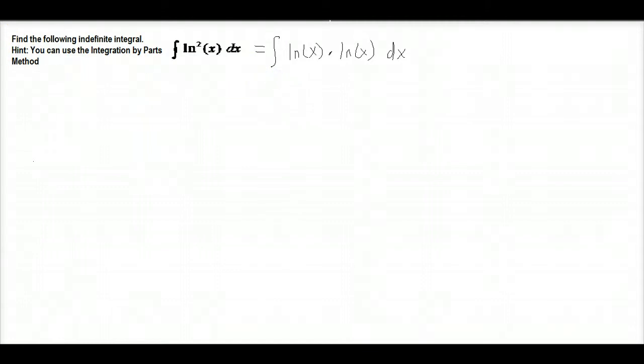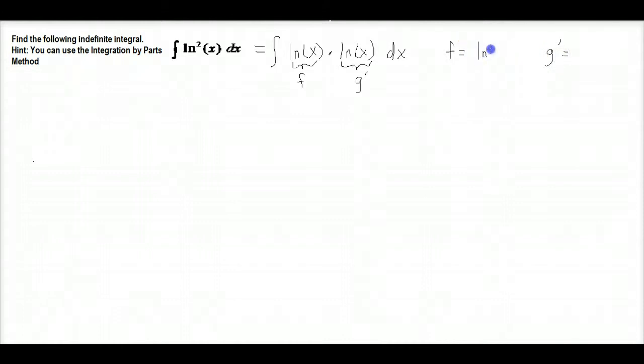So what we want to do here is employ the integration by parts technique. If we let one of these equal f and the other equal g prime, then we can figure out what f prime and g will be.